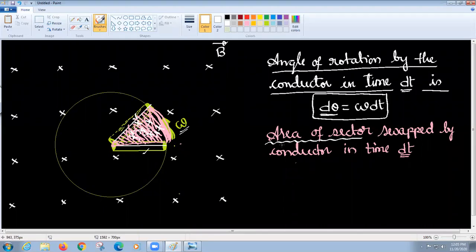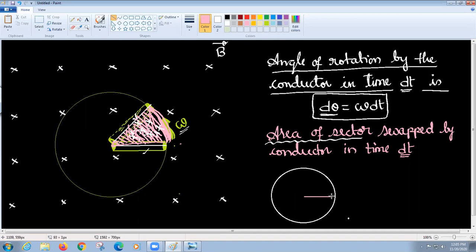So if you take a circle like this and you have some radius, let me take some radius r.